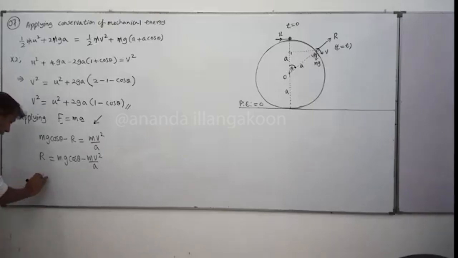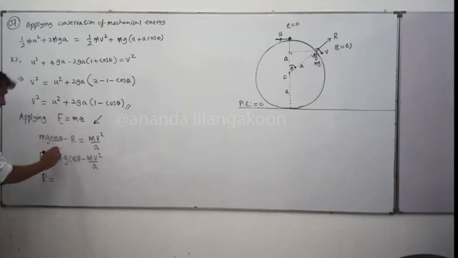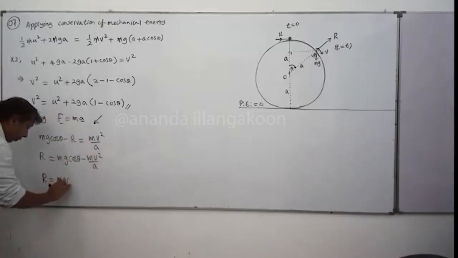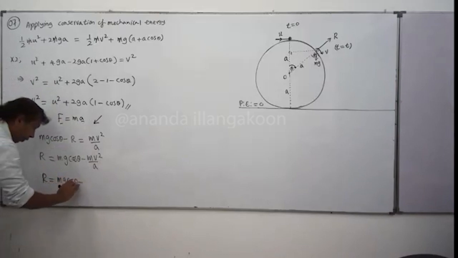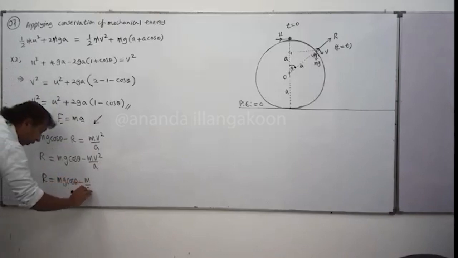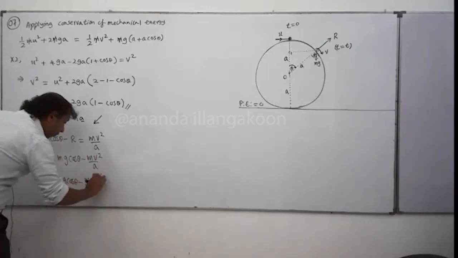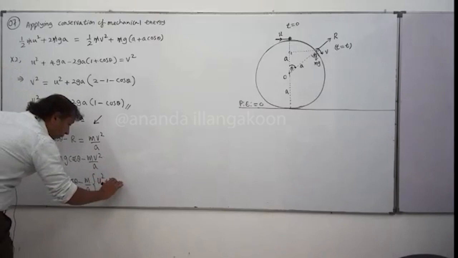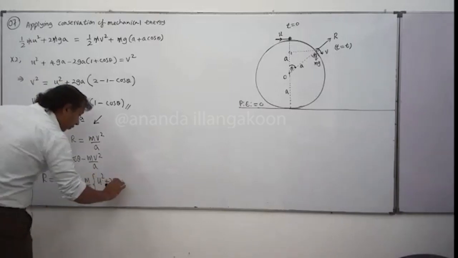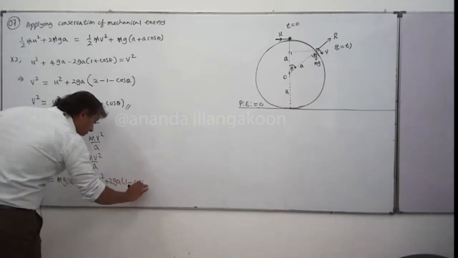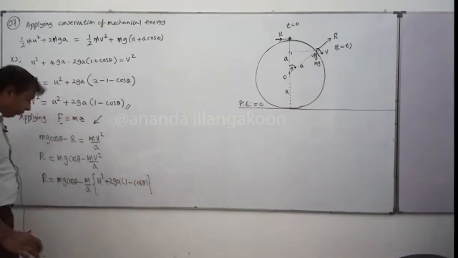Then we can write R, substitute for this v squared by this. v squared is u squared plus 2ga times 1 minus cos theta.